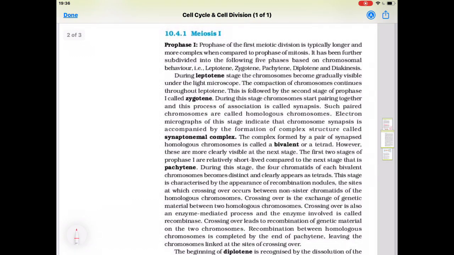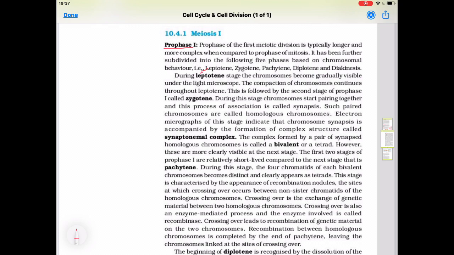Under meiosis 1, the first phase is prophase 1. Prophase of the first meiotic division is typically longer and more complex when compared to prophase of mitosis. It has been further subdivided into the following 5 phases based on chromosome behavior.